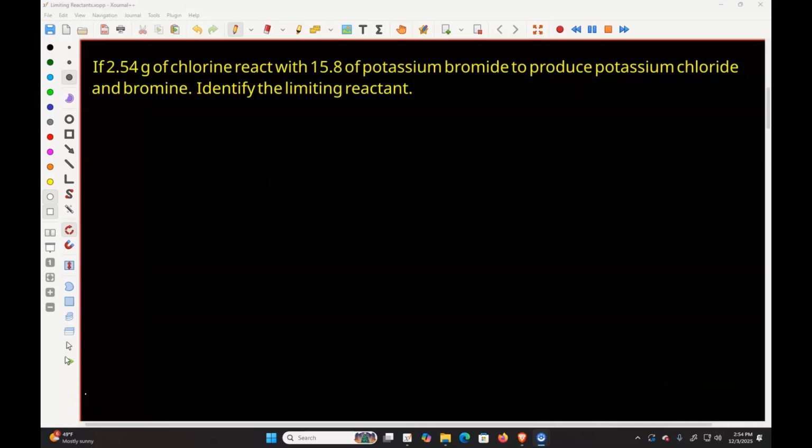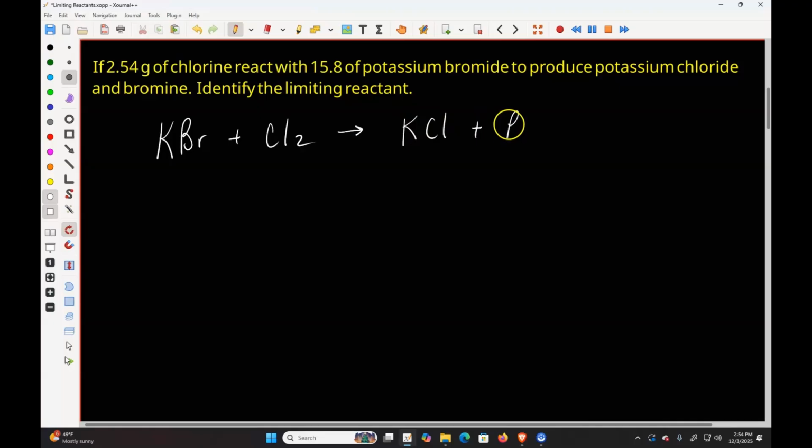In our first problem, we're going to identify the limiting reactant in a simple problem. The reaction is potassium bromide plus chlorine to produce potassium chloride and bromine.